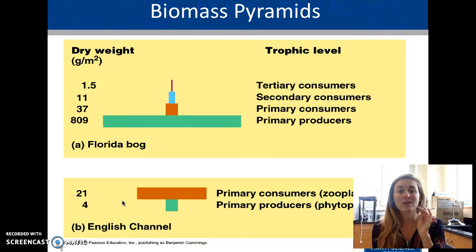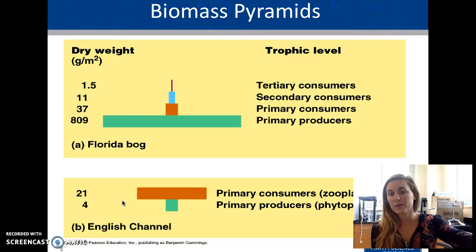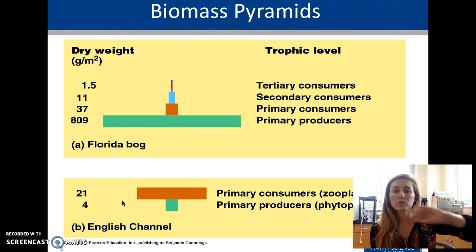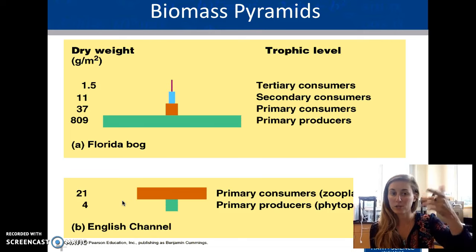That gets cut down very quickly when we go to primary consumers, because our herbivores, although they are feeding directly on those plants, are mobile creatures usually, and they use a lot more energy than the plants are using. So we see with each step, the amount of energy that's passed on is cut into a fraction of what it originally was.